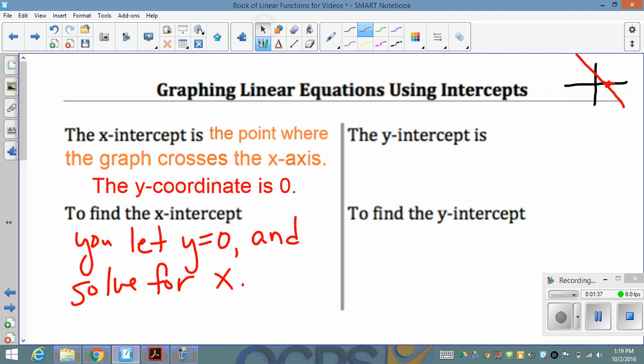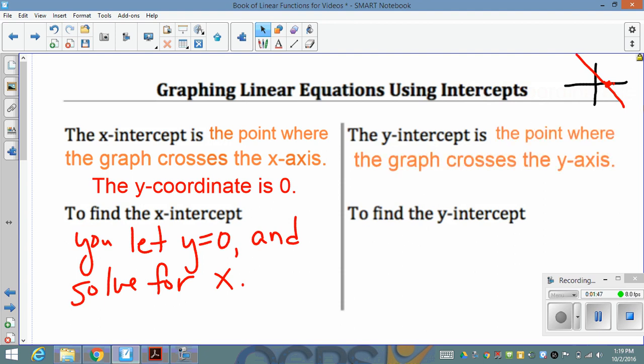Let's take a look at what our y-intercept is before we look at our example. The y-intercept is the point where the graph crosses the y-axis. So if I look at my quick sketch over here, it's that point right there, the y-intercept.